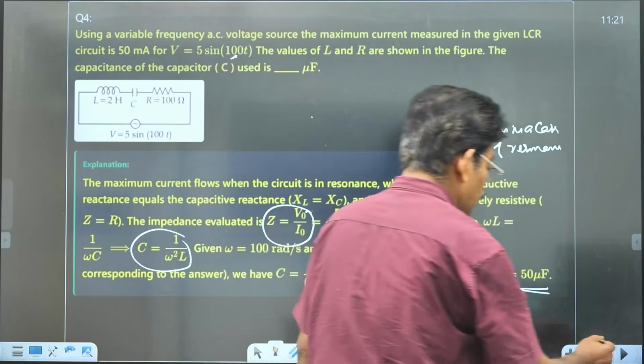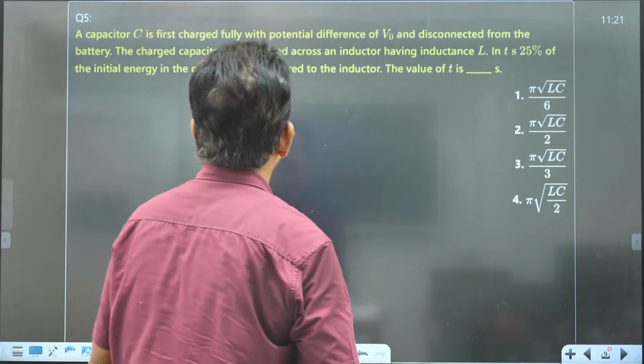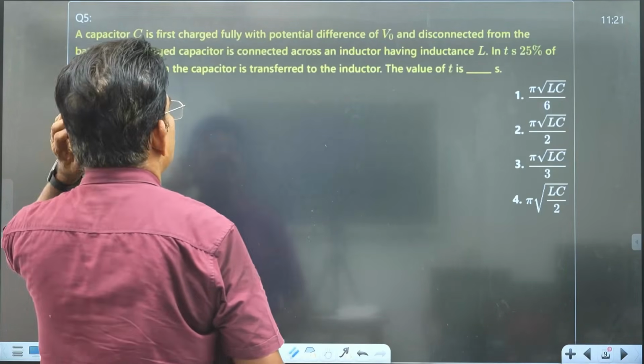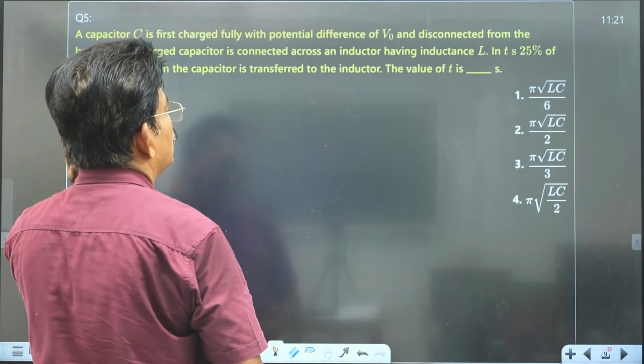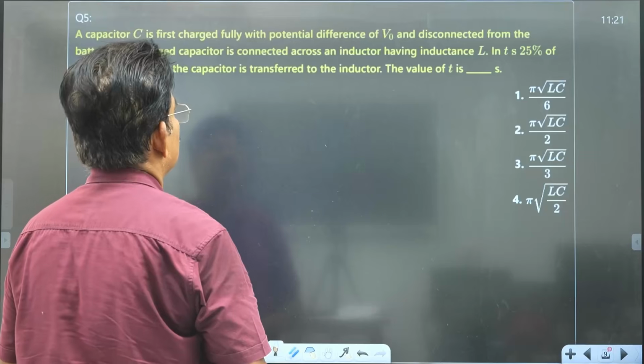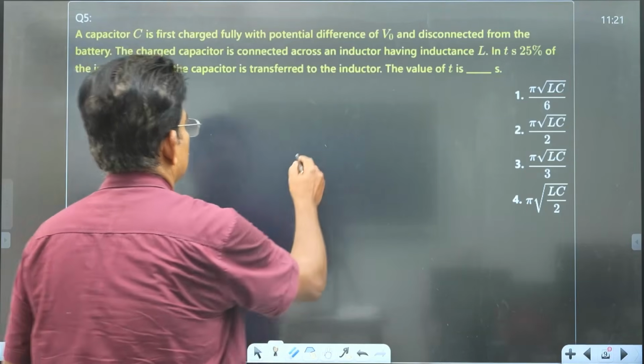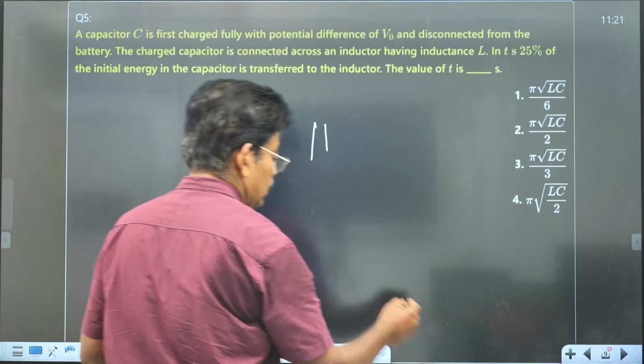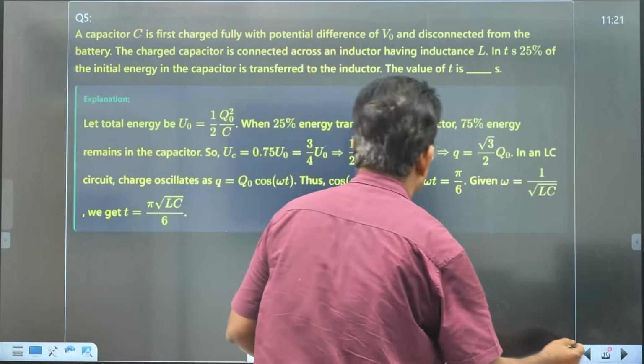Next question, we go to the capacitor. A capacitor is charged fully with potential difference V0, disconnected from the source, and the charged capacitor is connected across an inductor like this. Let us do it in the next page.